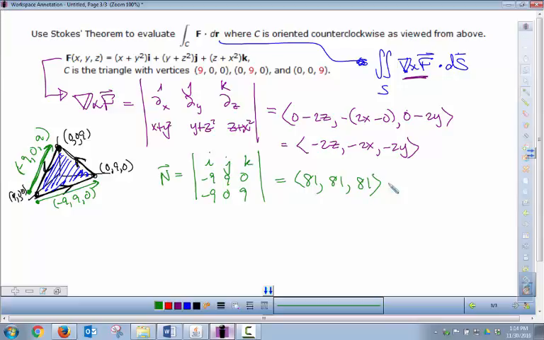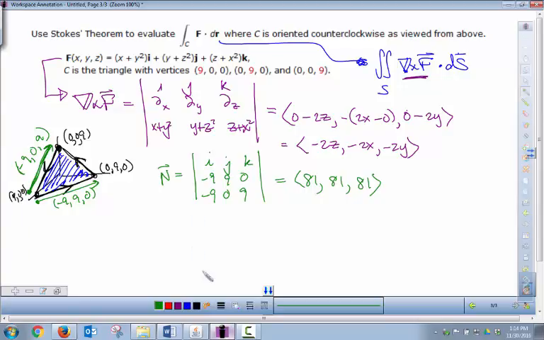Okay. Now, if you remember, this is going to be the normal vector throughout this whole plane, right? It's a plane, so the normal vector is not going to change anywhere. So it's going to be the same.